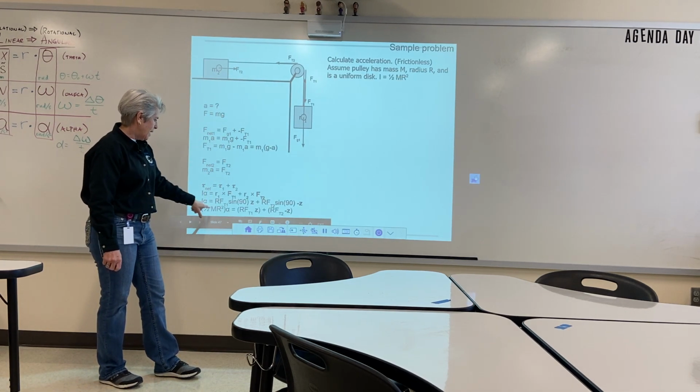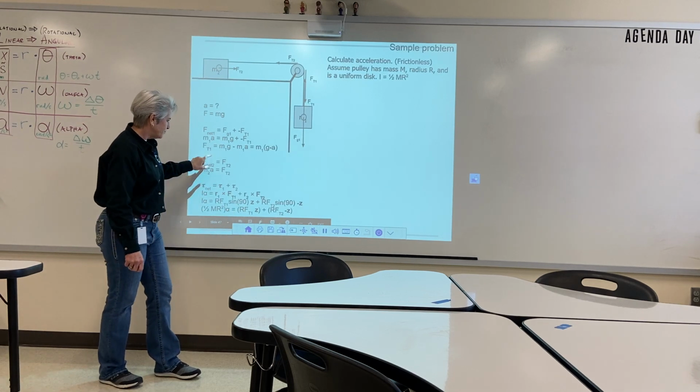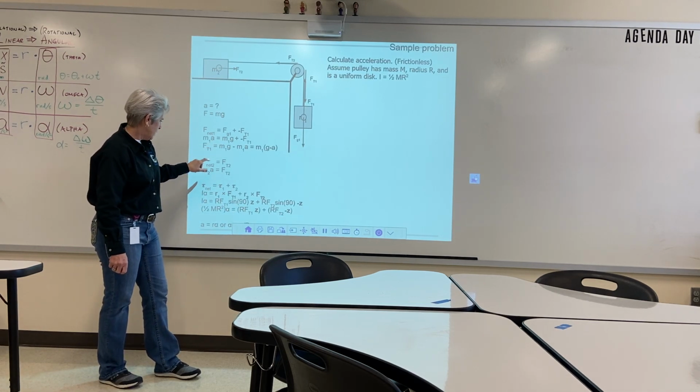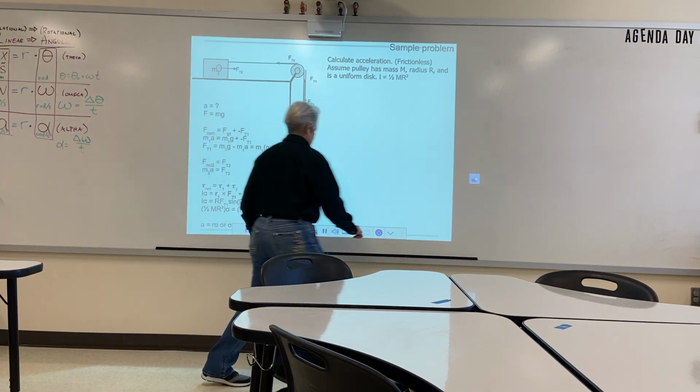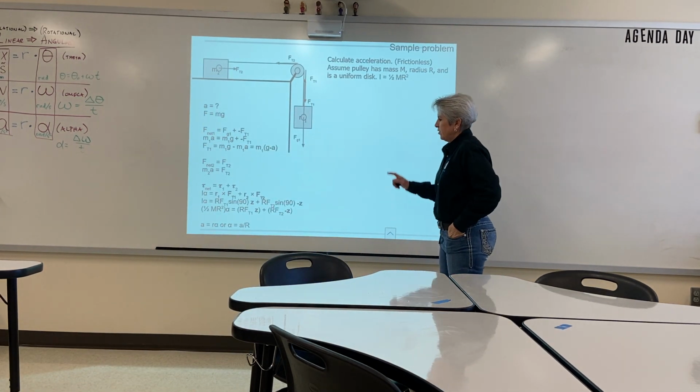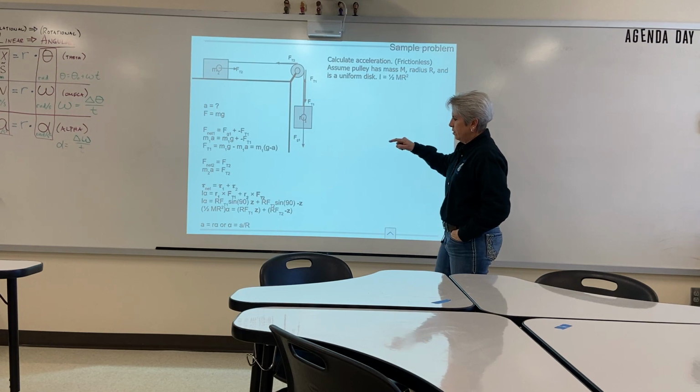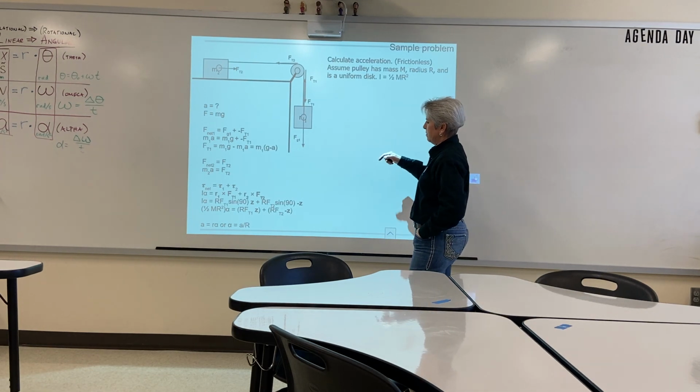And so then we can set I and alpha equal to the torque, and solve for acceleration. The acceleration is radius times alpha, or alpha is a divided by r.